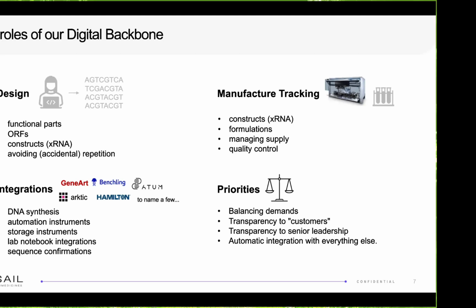Through creating and formalizing this process, we can add transparency for the customers, the people who want constructs, and for the leadership who want to know why various projects might be held up, or how they can move a certain project forward more quickly. And by having this all integrated with the rest of the backbone, it comes for free. We get to integrate with everything else.